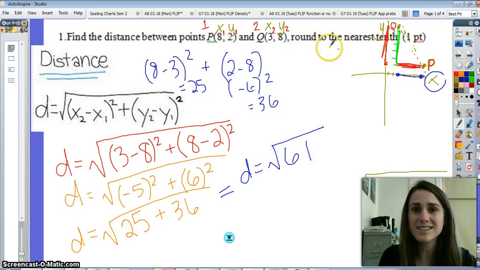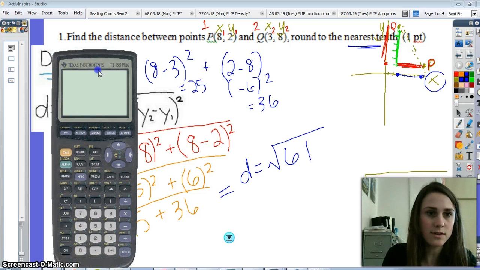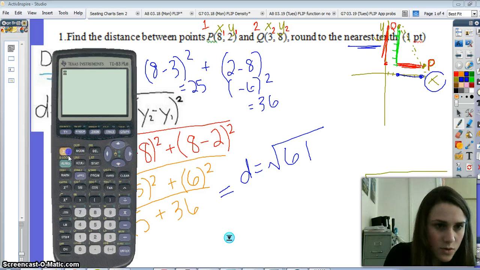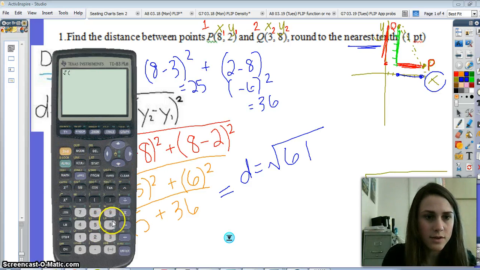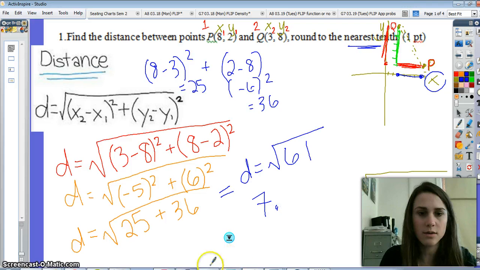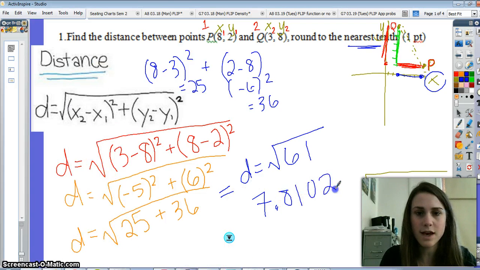And this problem is asking us to round to the nearest tenth. So they want a decimal rounded to one place after the decimal point. So let's check this out. I'm going to take the square root of 61, and that equals 7.81024966. Round to the nearest tenth would be 7 point, okay, well, I'm going to write out some of the decimals.